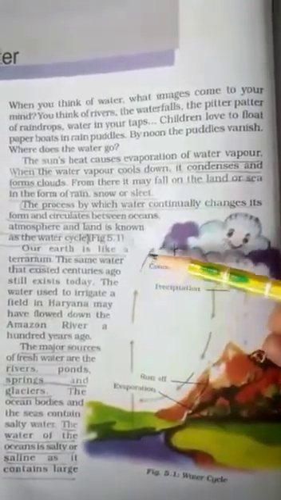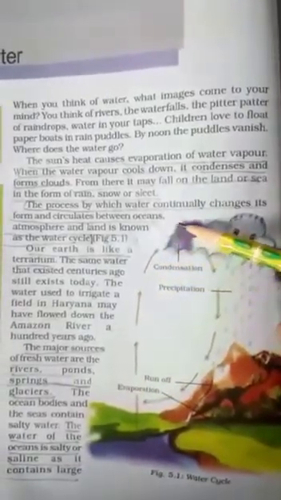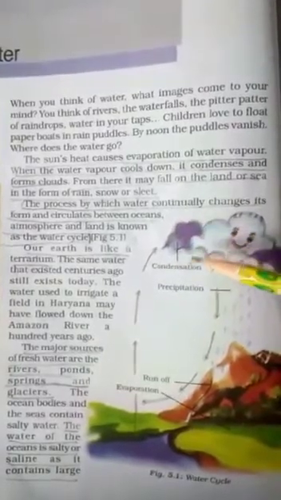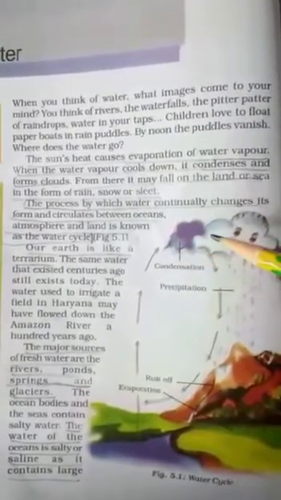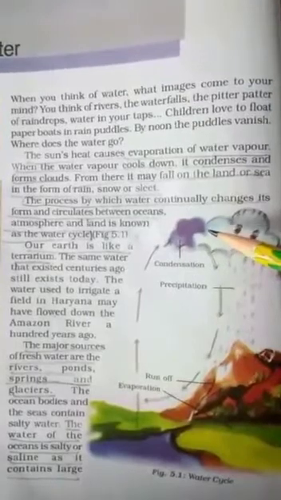The vapor, when it cools down, condenses and forms clouds. From there it may fall on land or sea in the form of rain, snow, hailstones, or sleet. The process by which water continually changes its form and circulates between ocean, atmosphere and land is known as the water cycle.